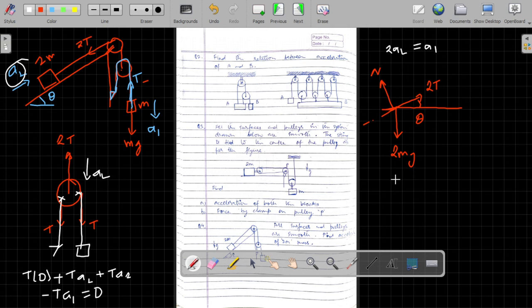We start writing the equation of the forces acting on the block 2m. So along the incline we write 2T minus 2mg sine theta is equal to 2m into the acceleration of the second block.